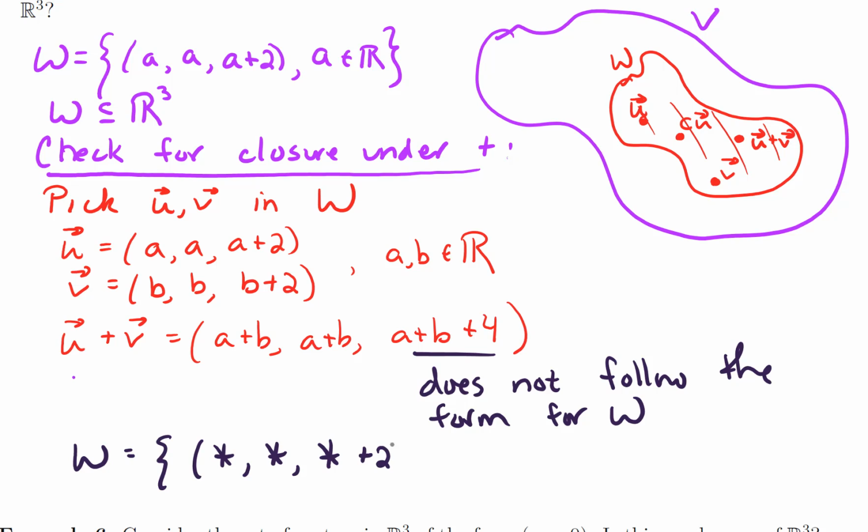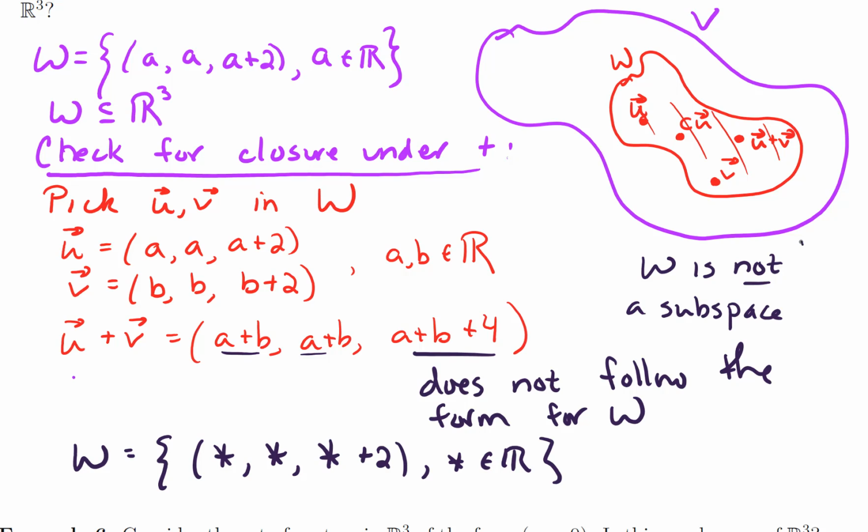So the first 2 entries have to be equal, and the third one has to be greater by 2. And that's not what we have, right? We have the same thing, but this third component is a plus 4. It's not a plus 2, so that ruins it for us. So in this case, W is not a subspace. That's our answer for this one.